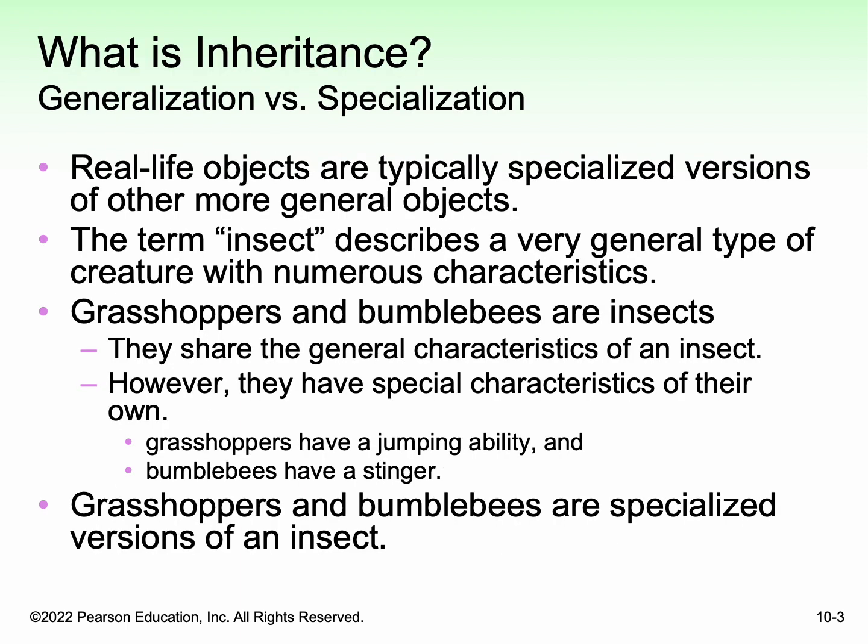So we covered inheritance a little bit in PLD 101, so let's just have a quick reminder of what it is. Inheritance comes from the idea that every real life object is typically just a specialized version of a more general object.